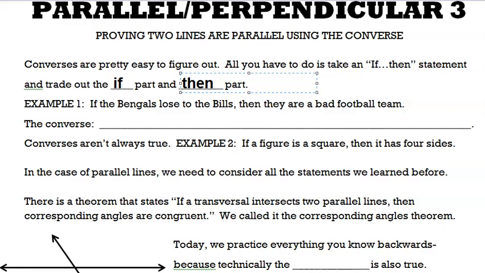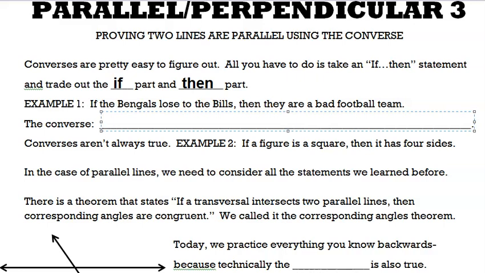So, if the Bengals lose to the Bills this weekend, then they are a bad football team. Now, I'm just using a Cincinnati example. You can use whatever example you want, but that's what I have. The converse would be what you would get if you trade the two parts.